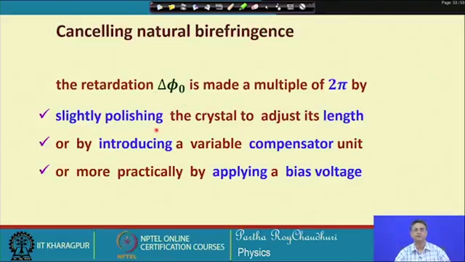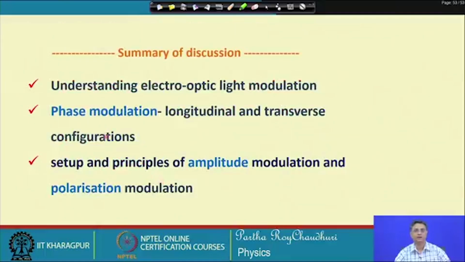So, by this discussion we have tried to understand how phase modulation, amplitude modulation or polarization modulation work in the case of a light wave, in the context of electro-optic modulation by applying an electric field.